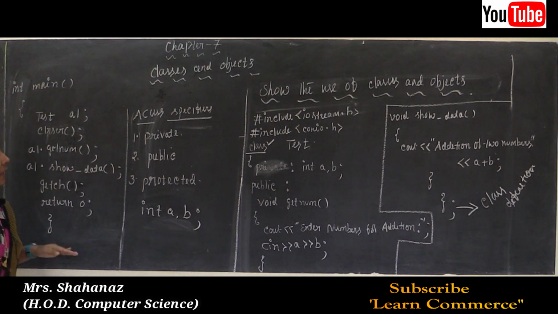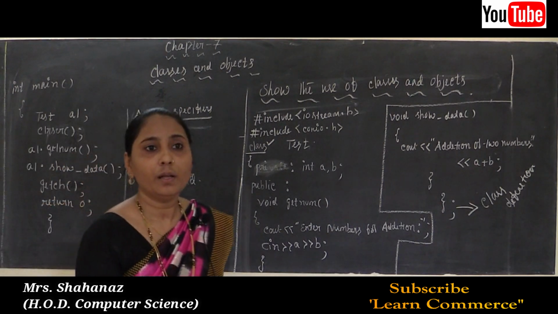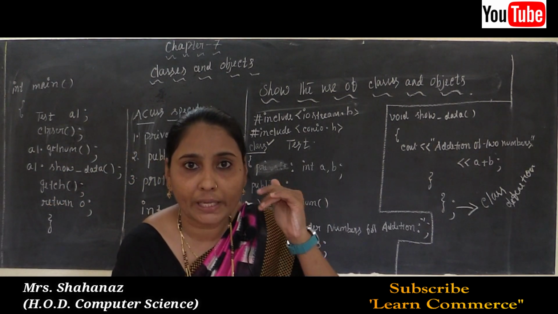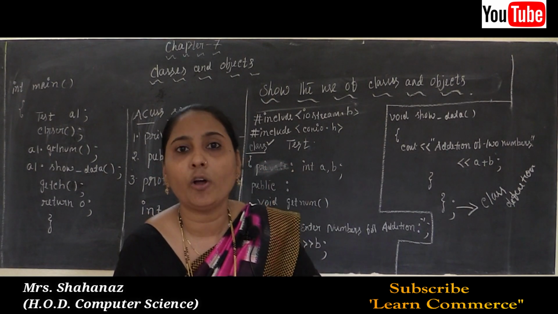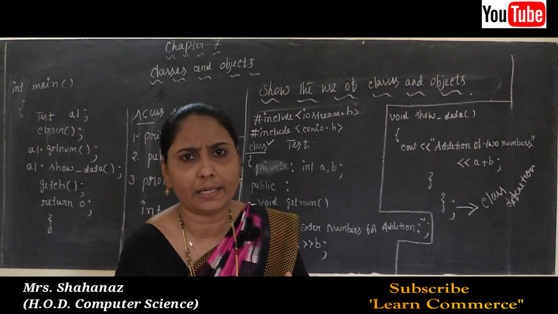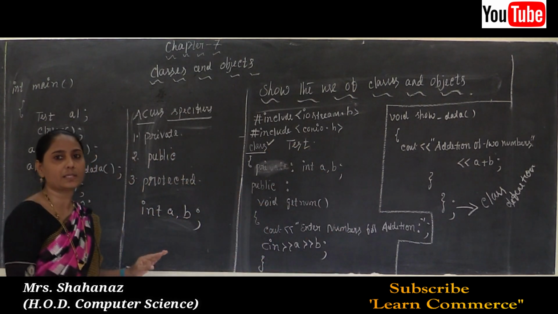Now the second thing, public. In the public access specifier, whatever member we declare under public, such a member function or member data, can be accessed by any function outside the class also.